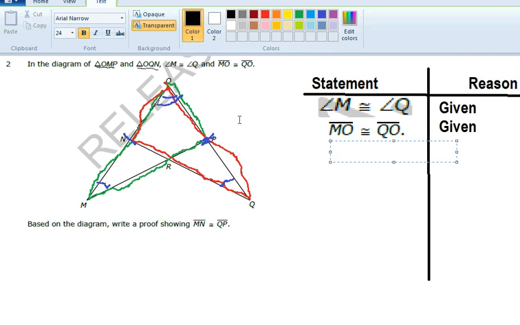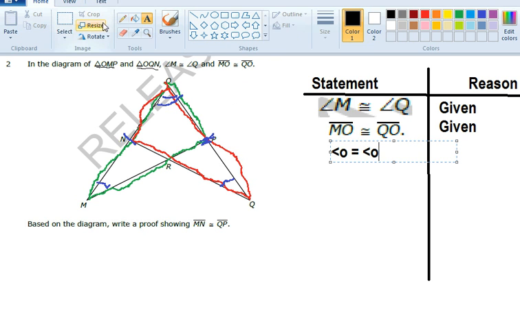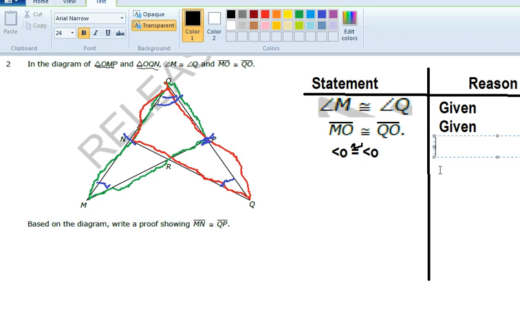We want to say that angle O is congruent to angle O. Okay, and I'm trying to draw a straight line here, and it'll be perfect. Oh, didn't work. Okay, angle O is congruent to angle O, and we know that by the reflexive property.